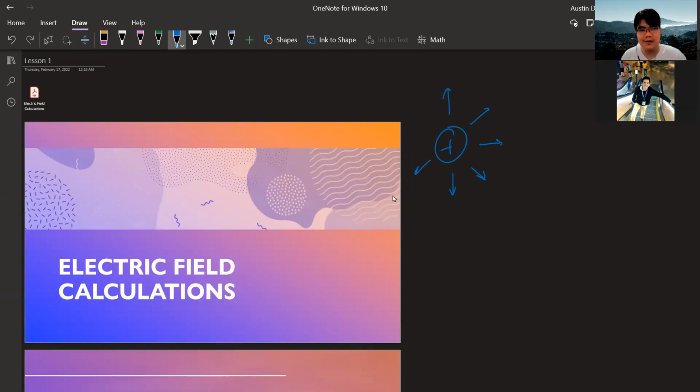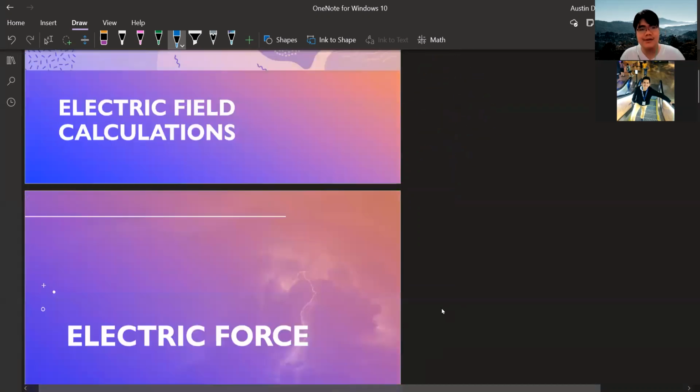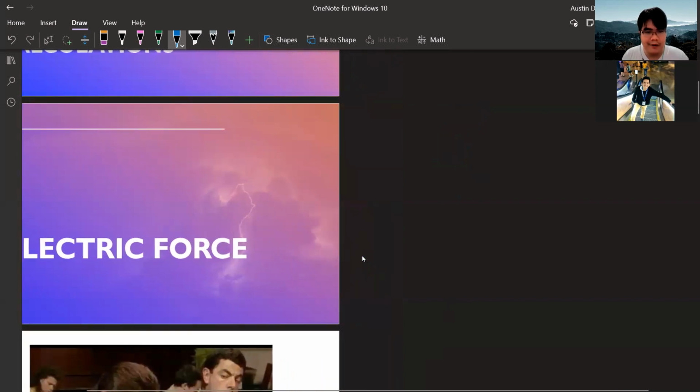Sige, sipag ko mag-drawing. Okay? So, it would radiate out of the charge. Pero isipin muna natin ano ba yung mathematical intuition behind the electric force. So, let's start with the electric force.